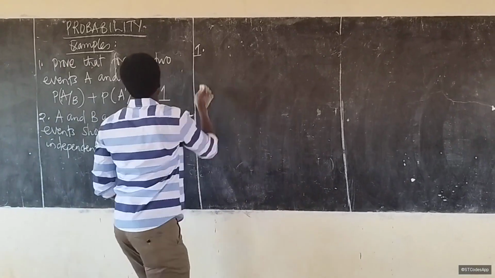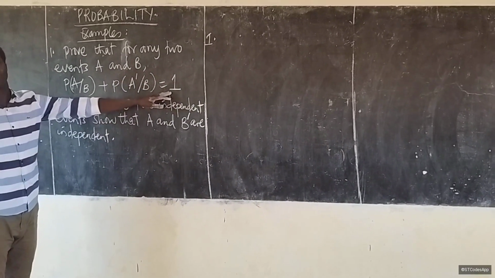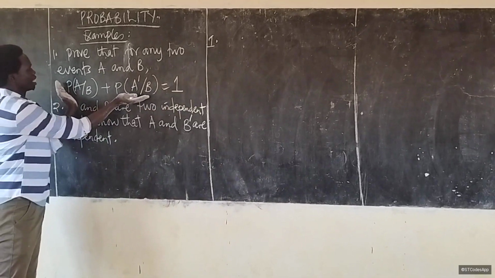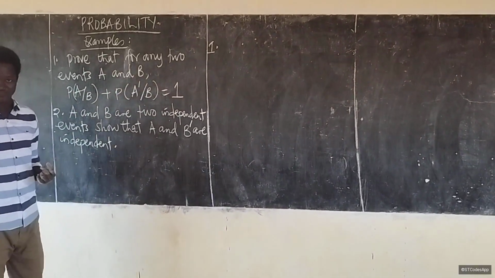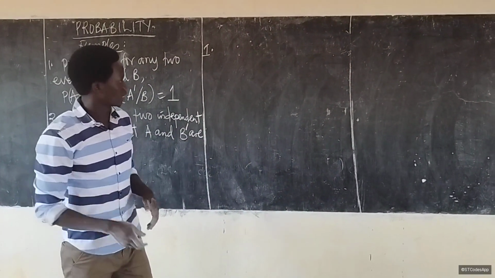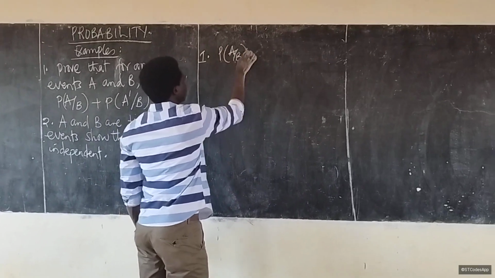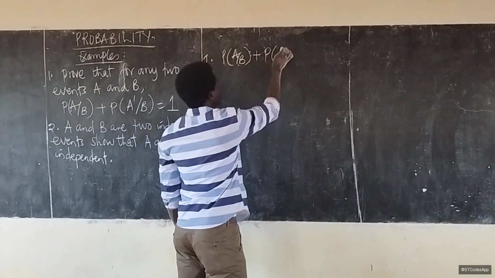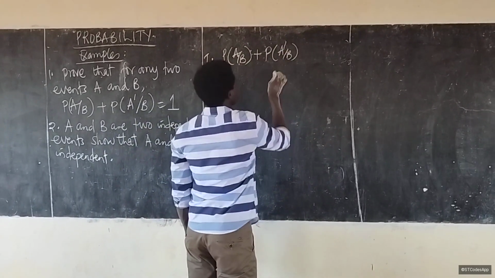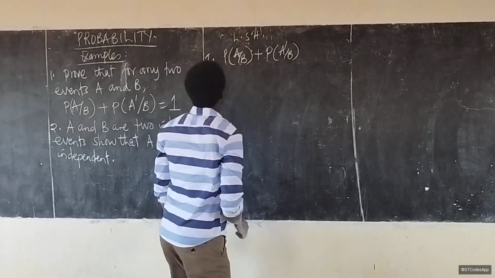I am going to take the left hand side because the right hand side is equal to 1. We are proving, so I'm going to take this side and see whether it will give me answer 1. If it gives me answer 1, then we will have proved that it is correct. So we shall have probability of A given B plus probability of A prime given B. This left hand side.